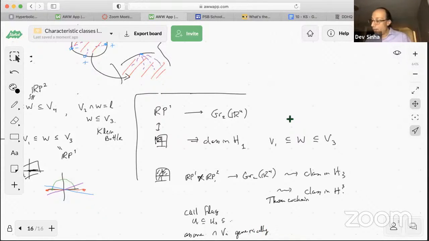And then in this flag, this twisted RP1 and RP2 was really the blow up of the class that's defined by W intersect U2 is some line L. Okay.